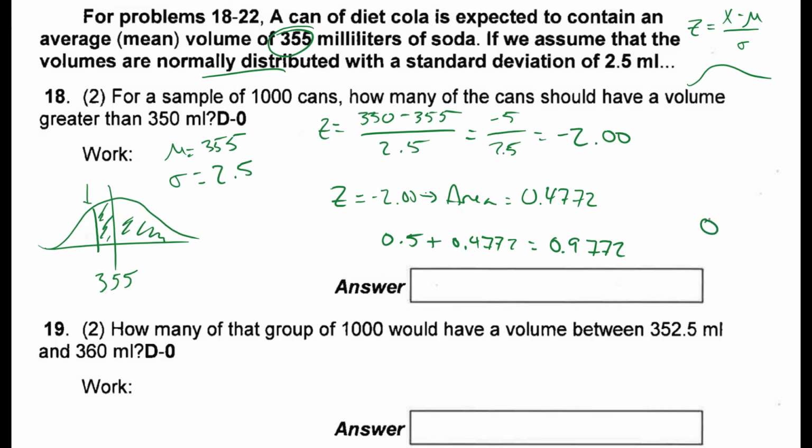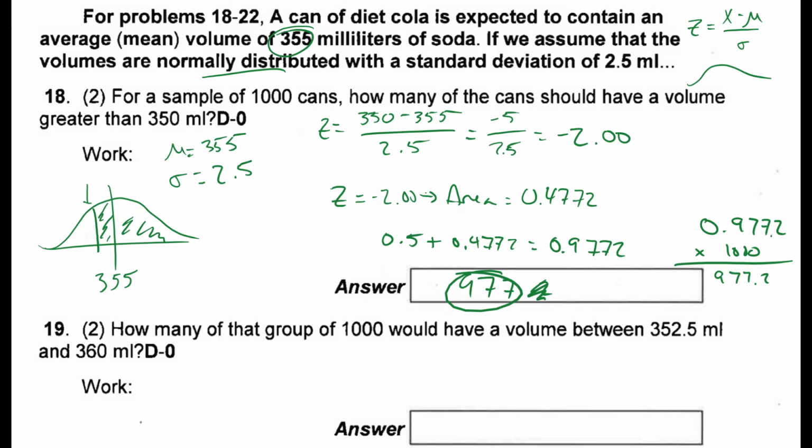So I need to do 0.9772 times 1,000. So I would expect 977.2. I guess I need whole numbers, right? So there's my solution.